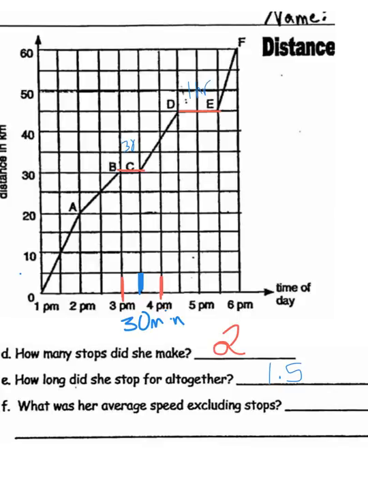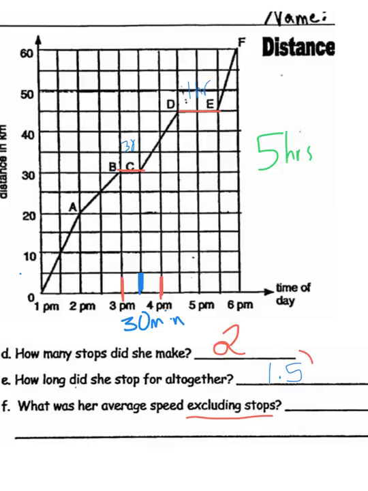All right, what was her average speed excluding the stops? Well, if you remember from problem B, I believe, it asks you how long was the entire trip. And we initially said that the entire trip is 5 hours long. But this one says it wants to exclude the stops, which means they don't want them there.